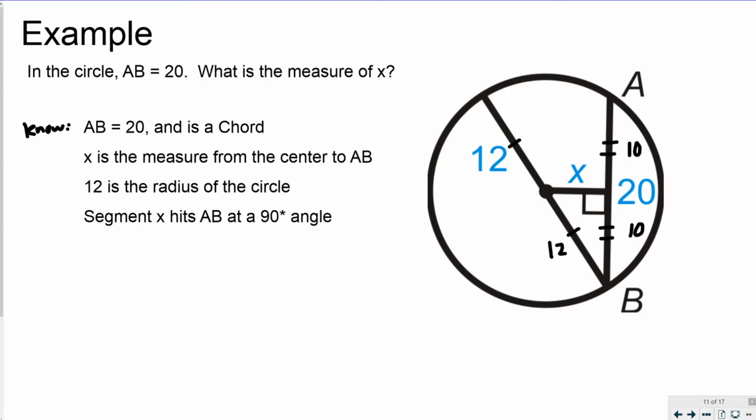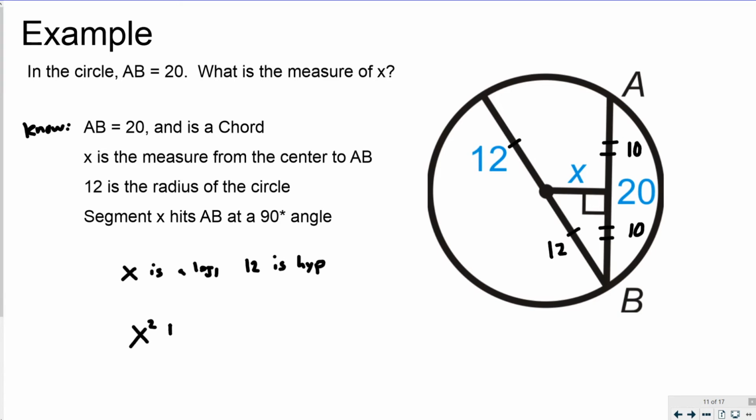So I'm looking for X. So X is a leg, and 12 is the hypotenuse. So I can set up a Pythagorean theorem here.